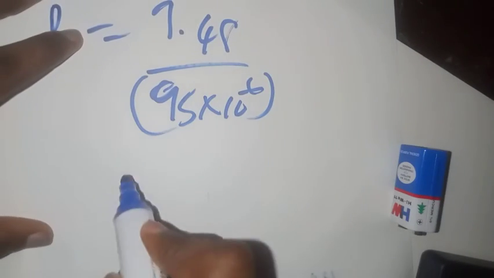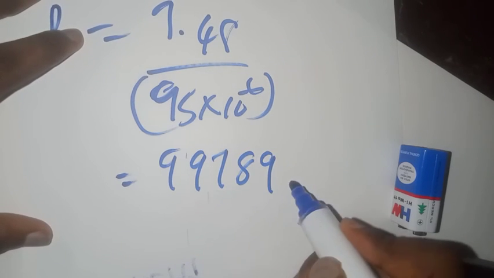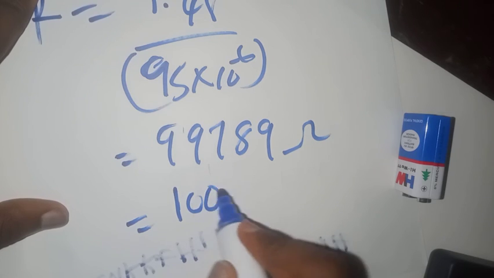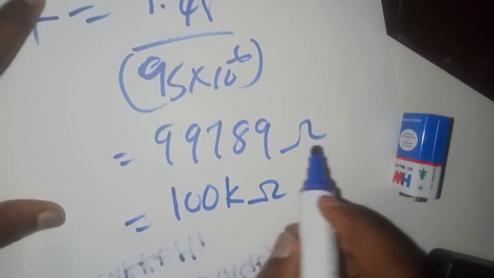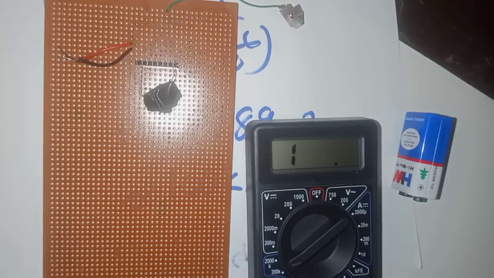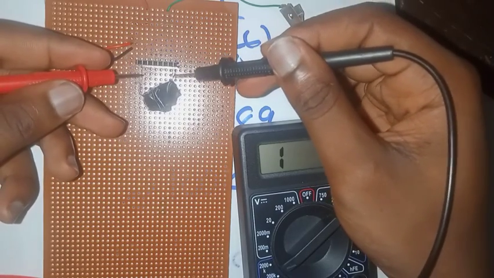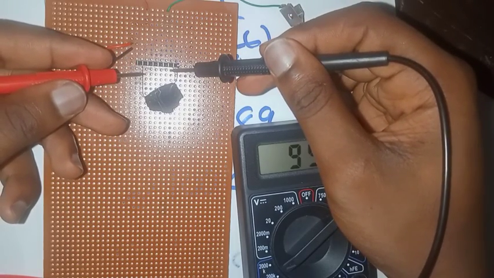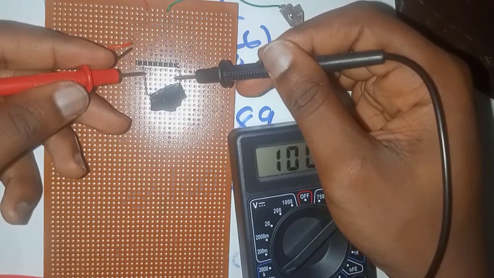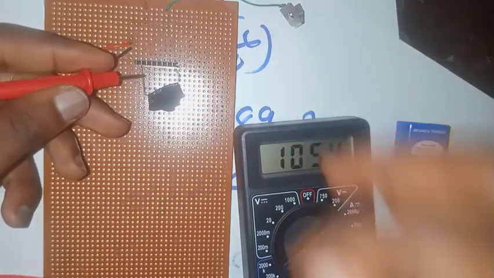This gives 99789 ohms. That should be around about 100 kilo ohms approximately. Measuring the actual resistance in the circuit, we get 95.5 kilo ohms, as estimated.